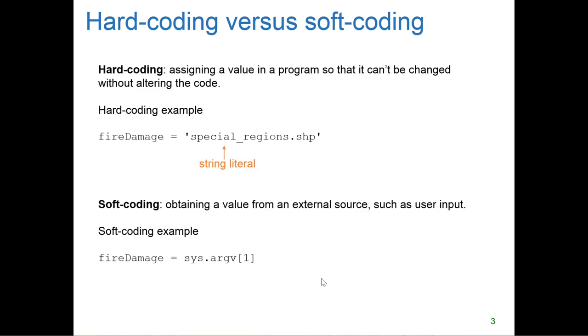We could be getting the fire damage with sys.argv[1], and that would allow us to set a different file each time we ran the script. We'll also learn how to read files that could be used to soft code the values in a script.